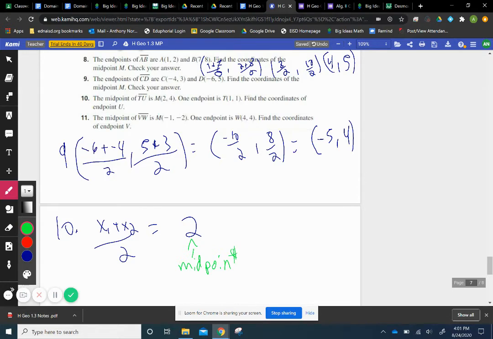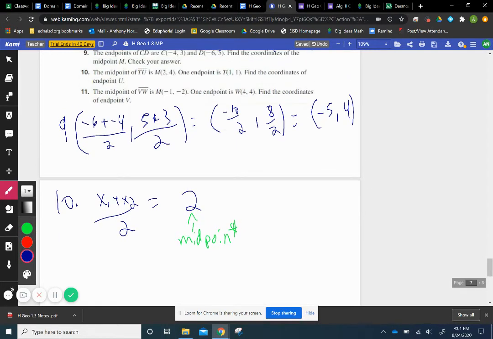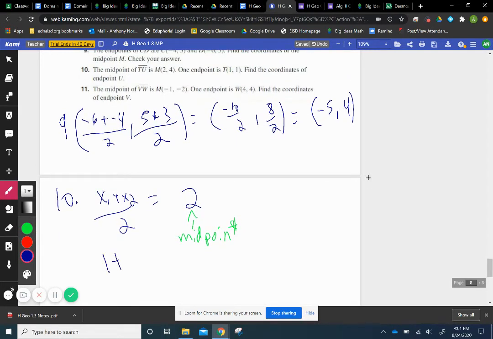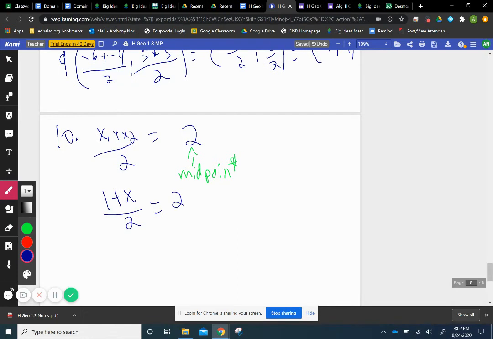We're simply going to plug in our numbers and solve for x. So x1 is the endpoint: 1 plus x over 2 equals 2. So we're going to solve for x.